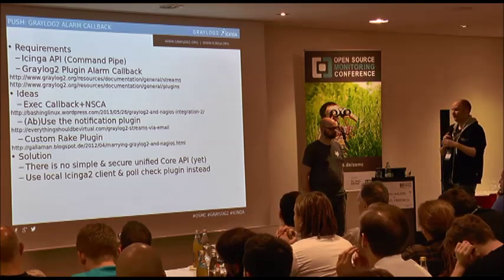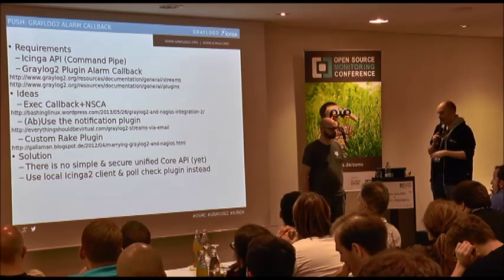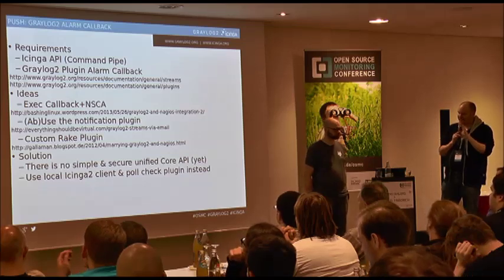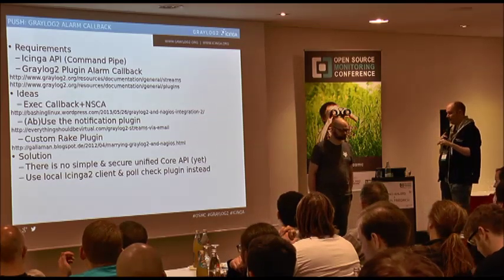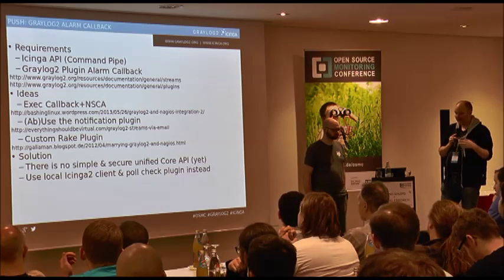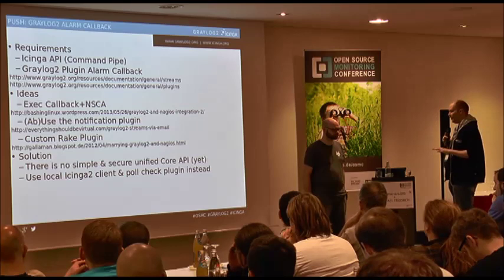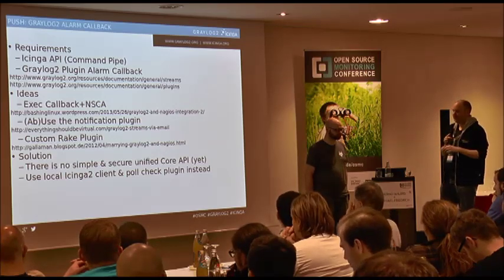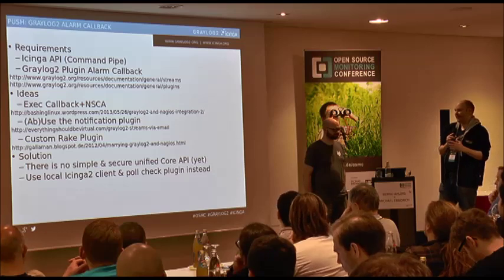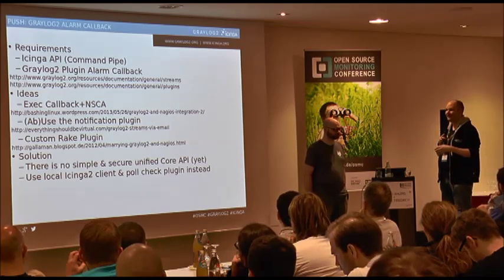There is certain documentation for that. On Google there are a lot of ideas and a lot of stuff which is sometimes a bit creepy, like NSCA and some sort of executing something which does something, which I'm not sure actually works, but the how-to looked good. You can actually abuse the notification plugin to do that, which was also interesting to read.